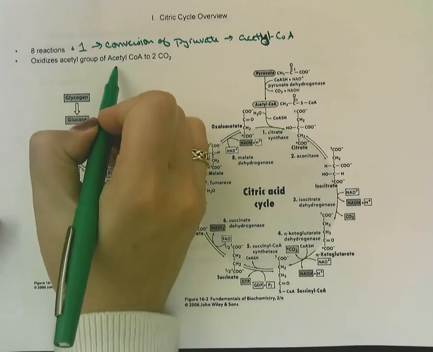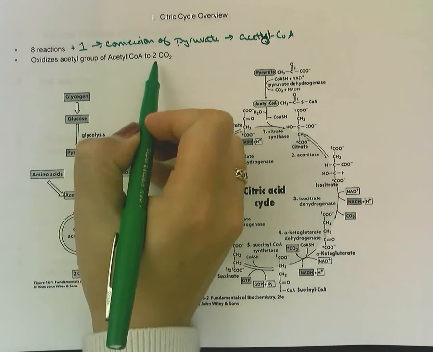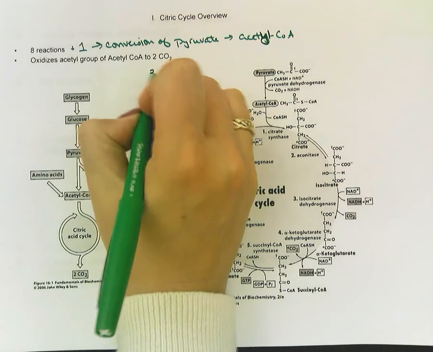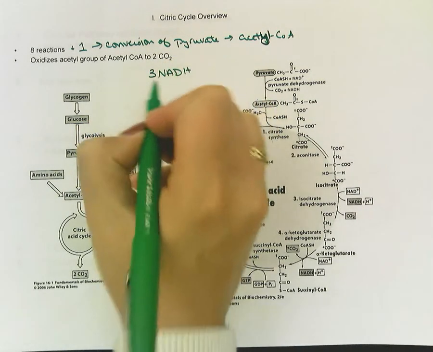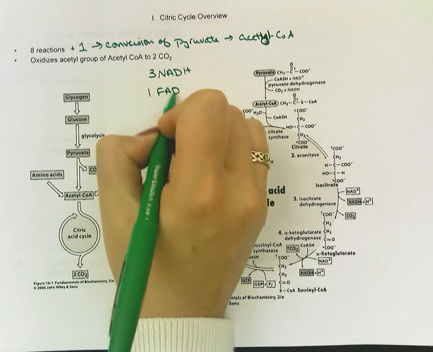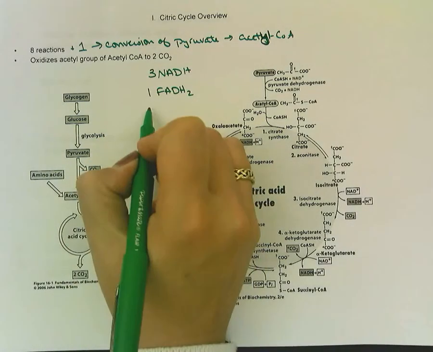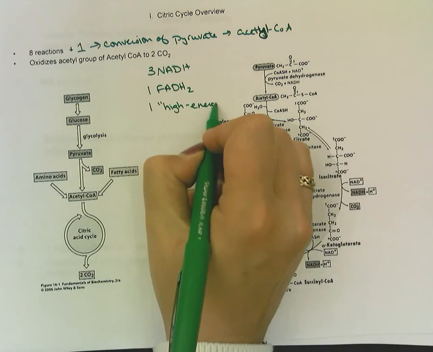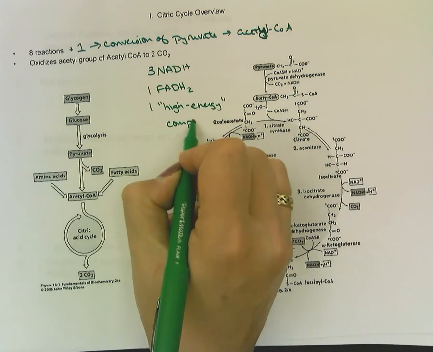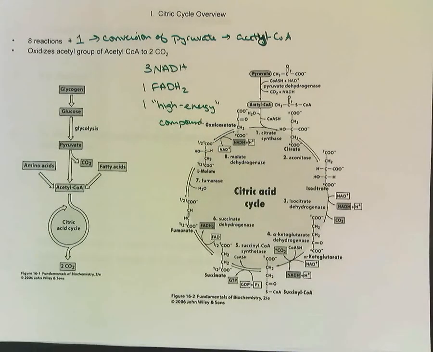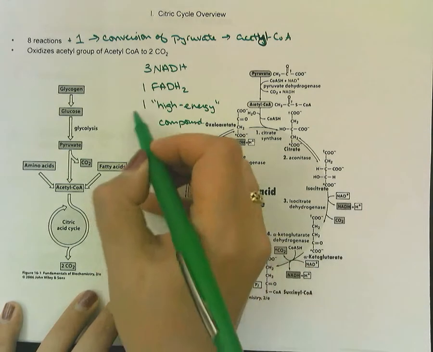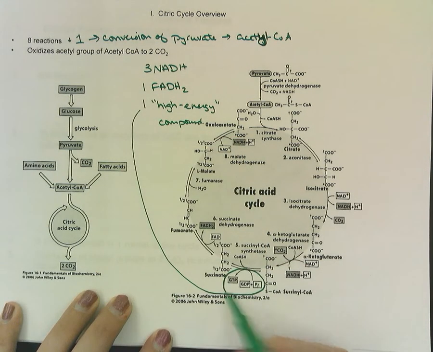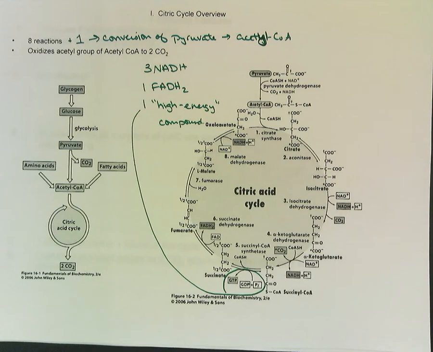So we're going to send in one acetyl-CoA. We're going to get out 2 carbon dioxides, 3 NADHs, 1 FADH2, and 1 high energy compound, which is found down here, which is GTP.